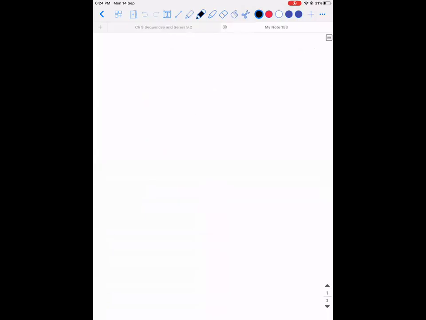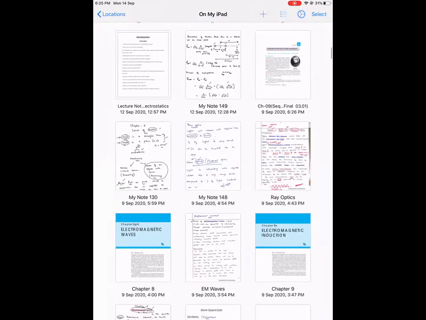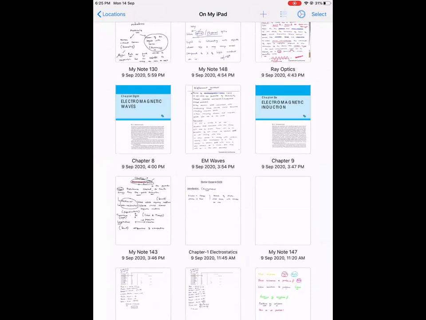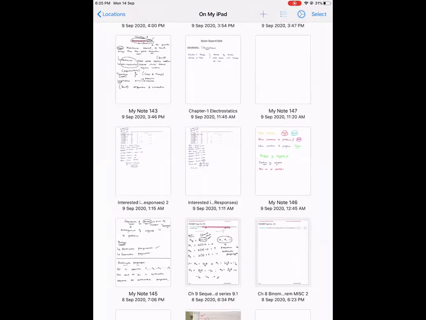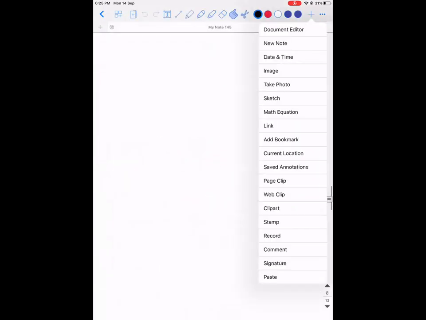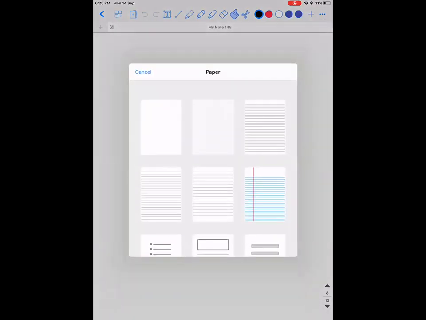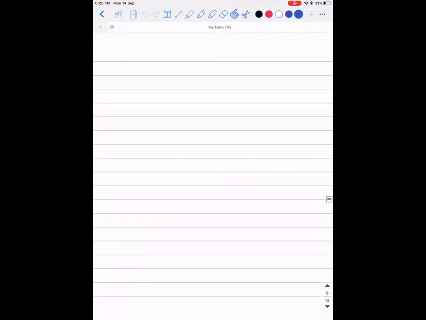See, write it down. So write down the heading as geometric progression.